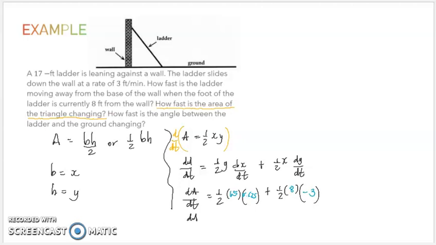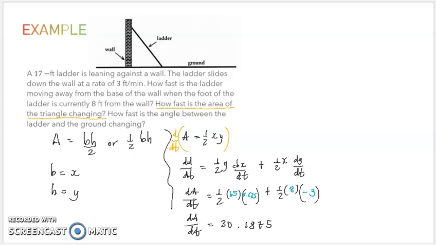So we have dA/dt is equal to, multiply everything here and then add the product of this. Then we get a final answer of 30.1875.